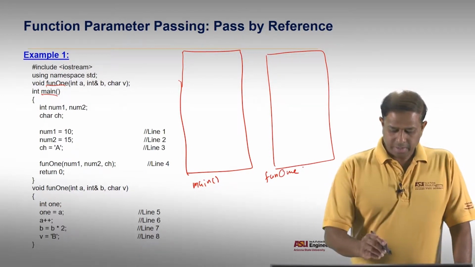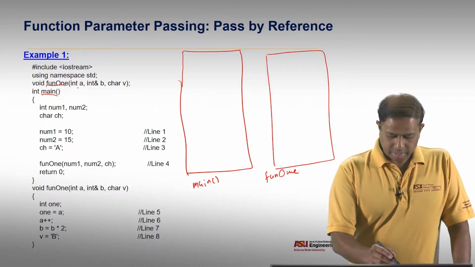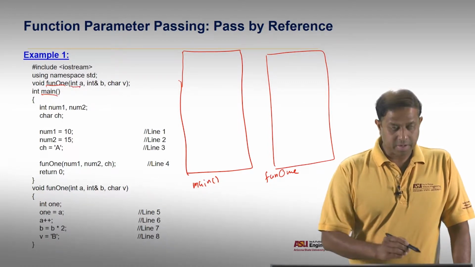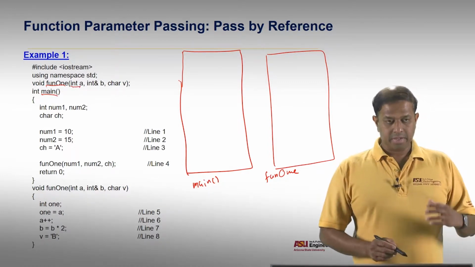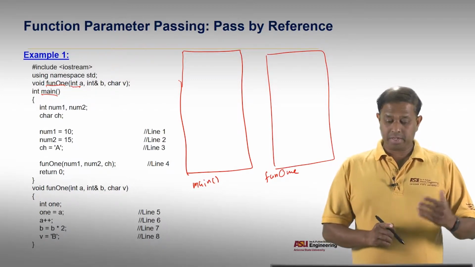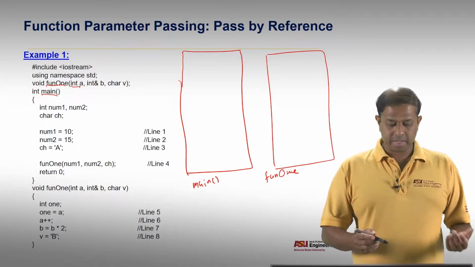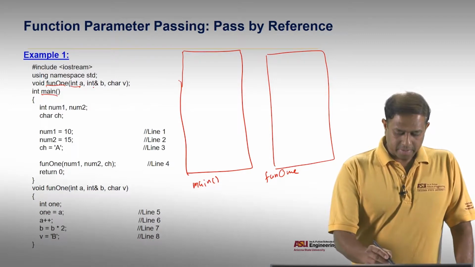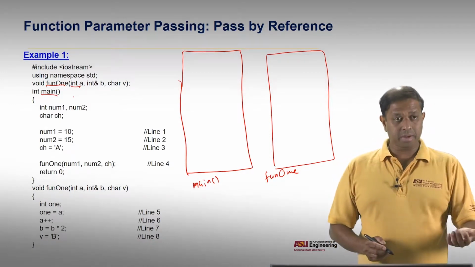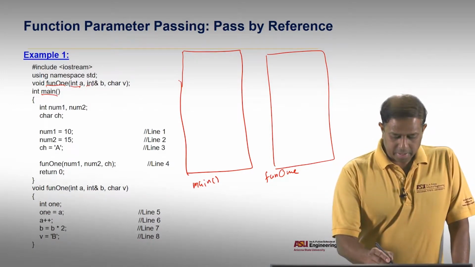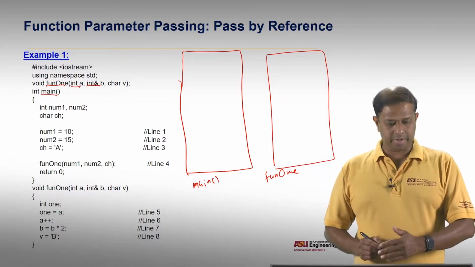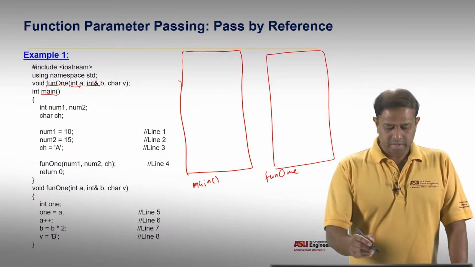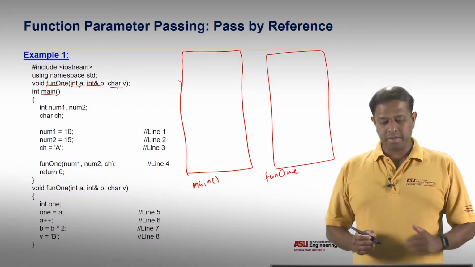Now in this function we have 3 parameters. The first one is an integer parameter, passed as a copy of the value because there is no reference in here. So the first parameter is passed by value. The second parameter is passed by reference because it has a memory address. The third parameter is passed by value.